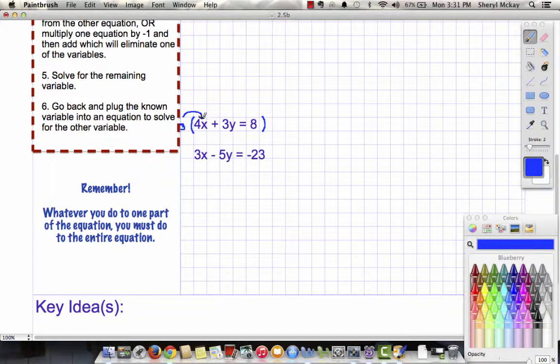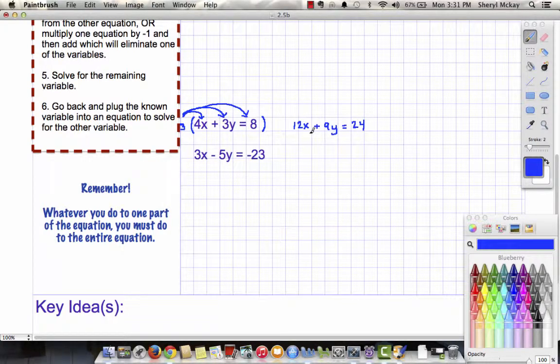So 3 times 4x, 3 times 3y, and 3 times 8 gives me 12x, 3 times 3y is positive 9y, and 3 times 8 gives me 24.